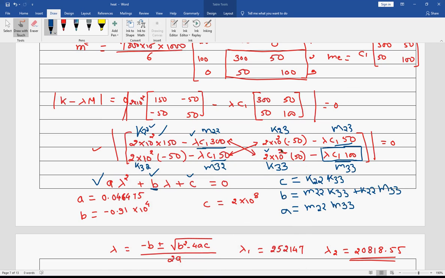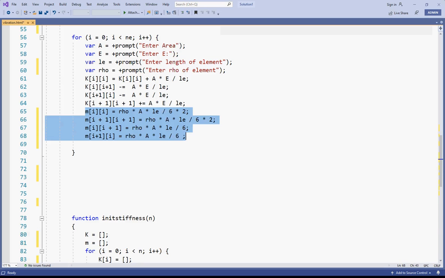Okay, so now let's prepare. I start from A, that is M22 into M33. So here I can write A equal to M of 2 into M of 3.